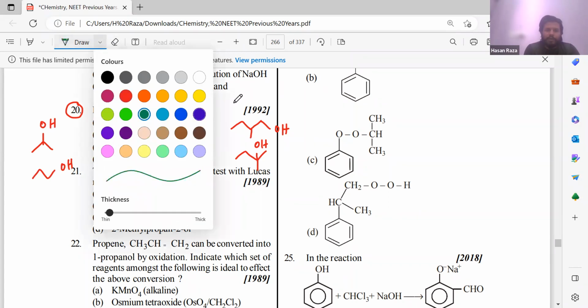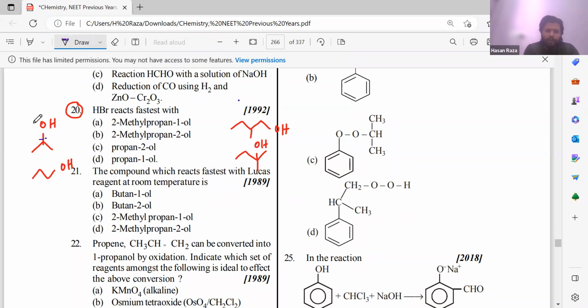Now, when HBr is going to react, first OH will be eliminated. So there will be formation of secondary carbocation, and there will be formation of primary carbocation. In the third option, you can see secondary carbocation. This is your primary carbocation, and here, if you remove OH, again you will get primary carbocation.